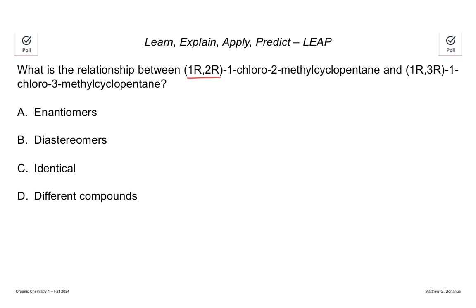So look at these numbers now. 1R, 2R, 1R, 3R. So those have to be different. And they're different because this number right here, that's changing.